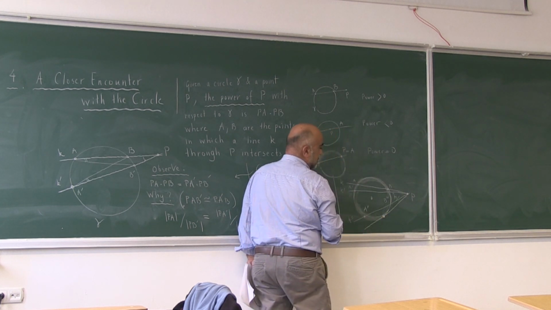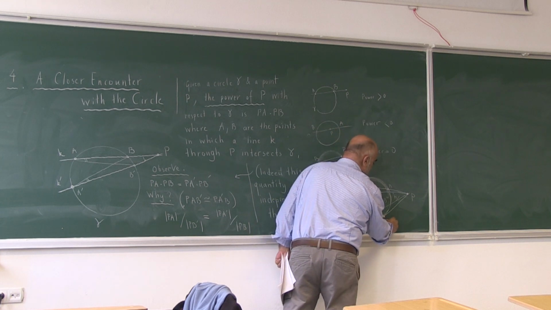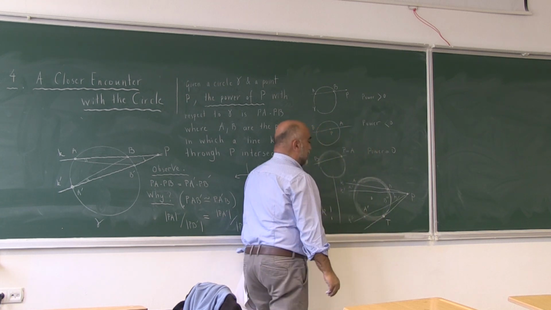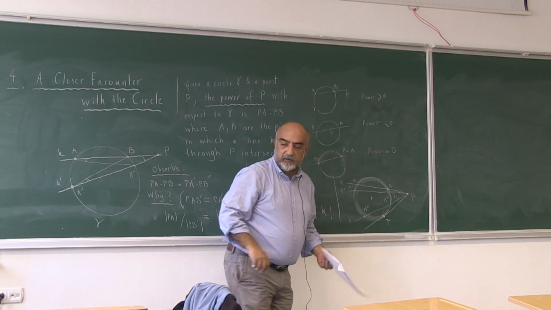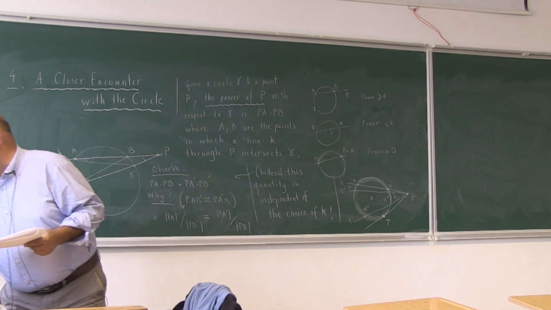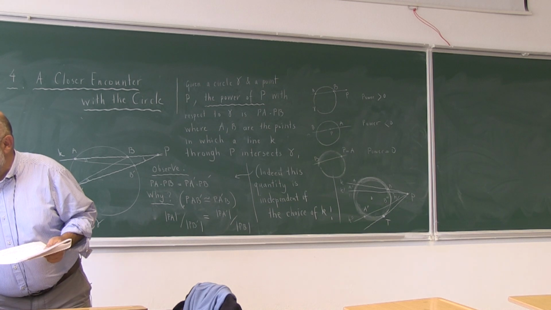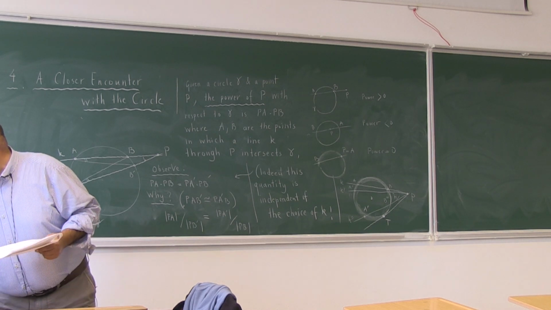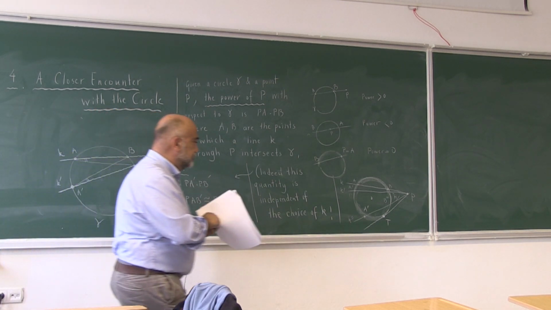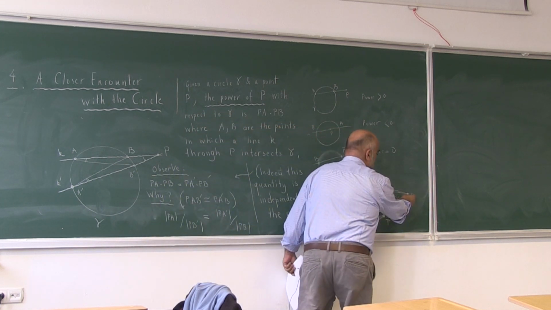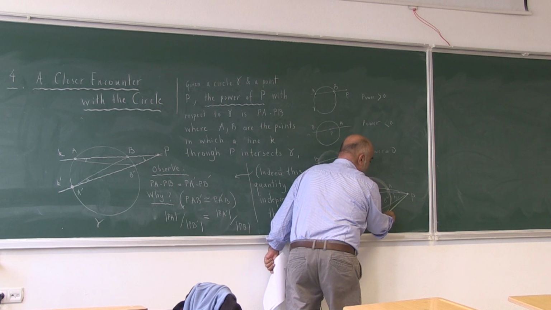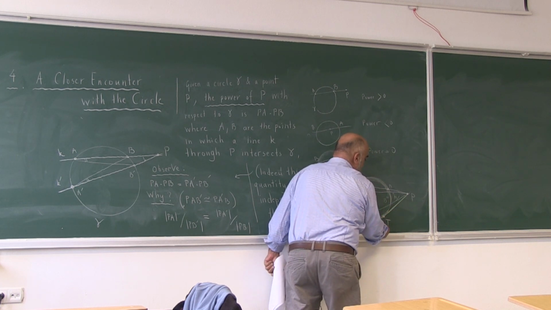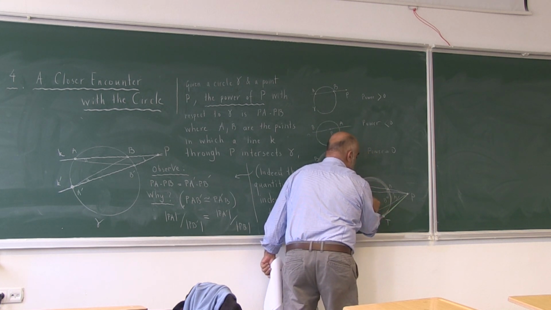Let's say it touches the circle in T. Well, in that case, we have got a rather remarkable situation at hand, because in that case, the points A and B collapse into T, and that's the center.